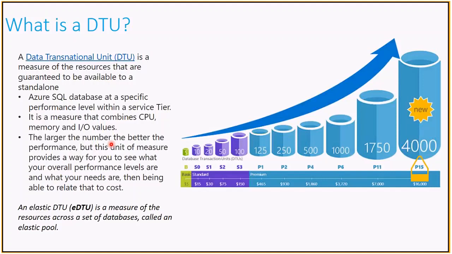Using DTUs, you can get the actual operations happening on your local on-prem databases, and then select S1, or S3, a standard size. Because you may not have a high performance requirement, or your DTU didn't cross 100, you can opt for an Azure SQL Database under 100 DTUs.